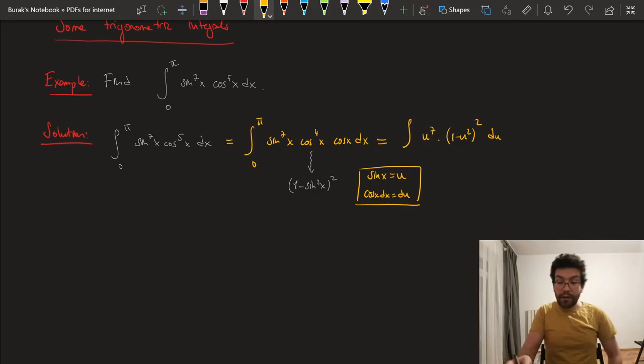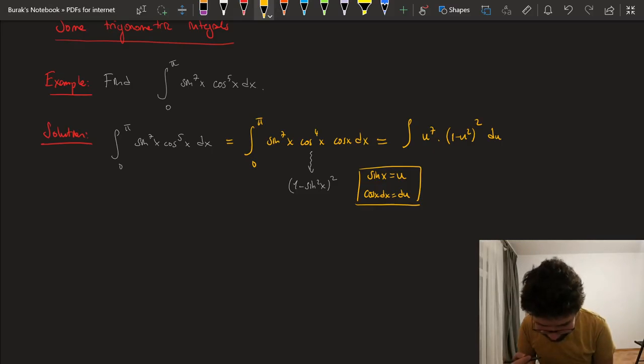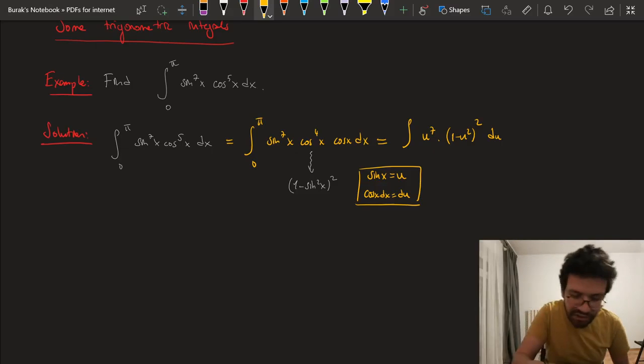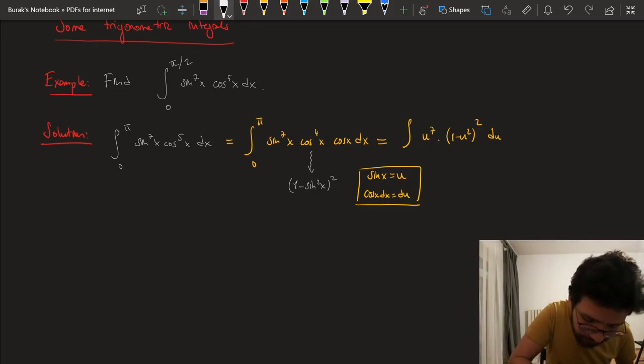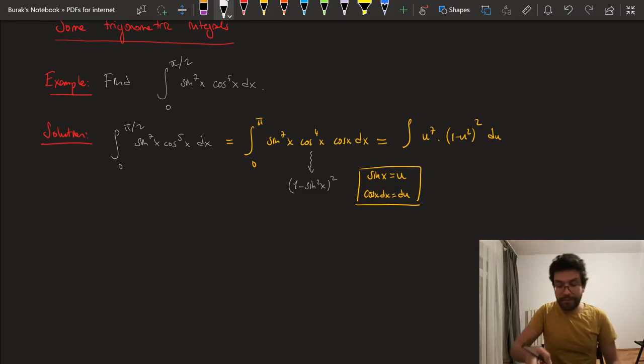Then, if you do that, you will get a polynomial. And then I'm going to change these boundaries, because in this case you get 0 and 0, so the integral would be 0.